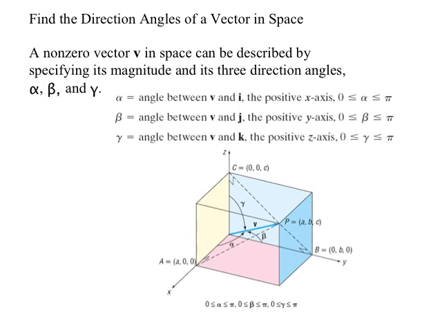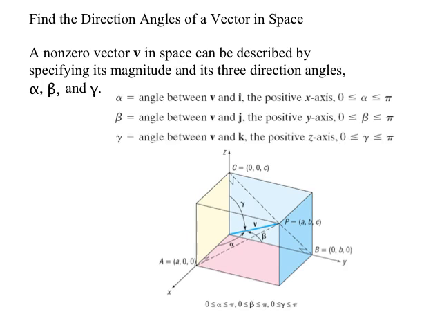The first direction angle we'd call alpha, the next one is beta, and the last one is gamma. And these are the angles from the positive x, y, and z axes respectively. So you actually have to find all three angles separately, and you can see that alpha is between the vector v and the positive x-axis, so v and i, which is your unit vector in the x-axis direction.